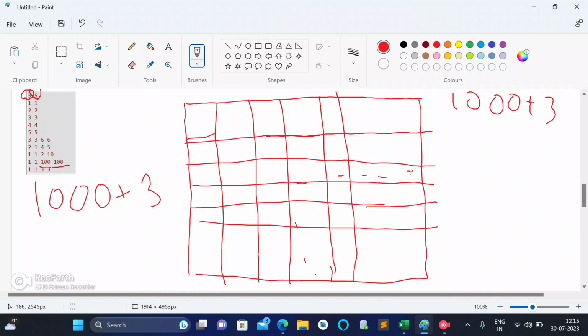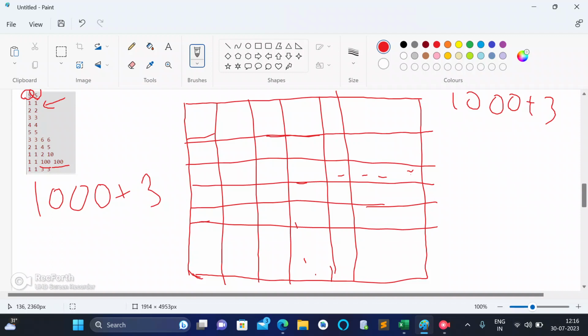I won't consider every query, because you can see it is of the form 100 cross 100, so it won't be possible for me to draw a 100 cross 100 grid here. For the sake of easiness, I will tell you how to process the rectangles and the queries. I will not process all the queries here.